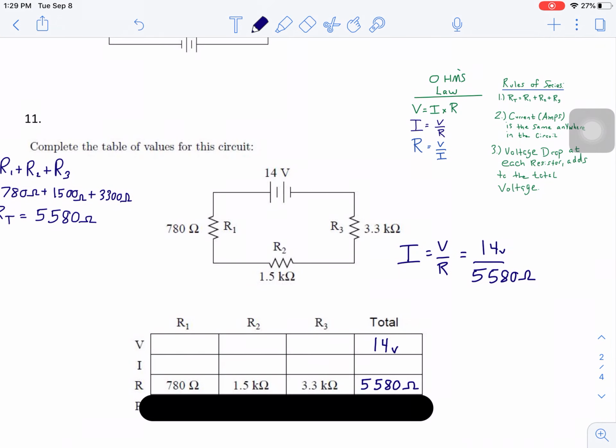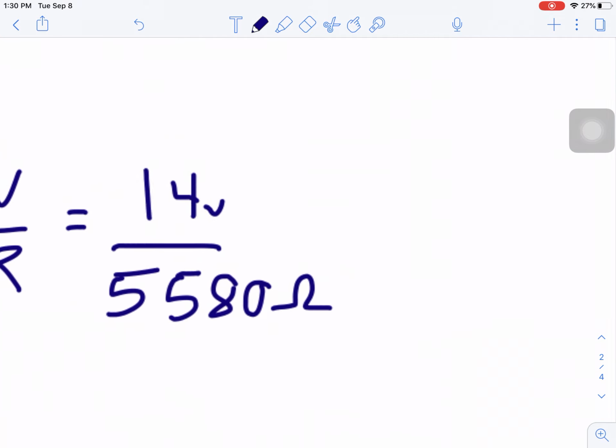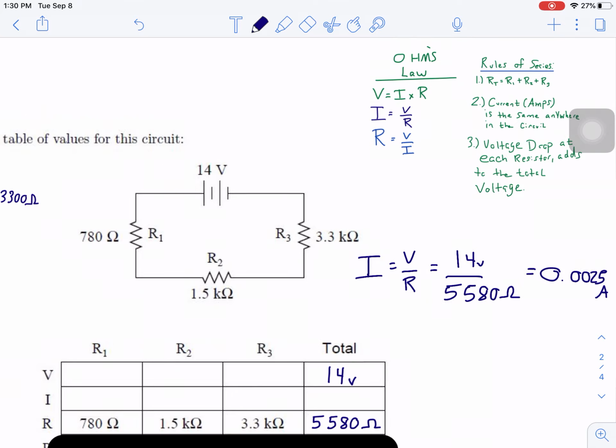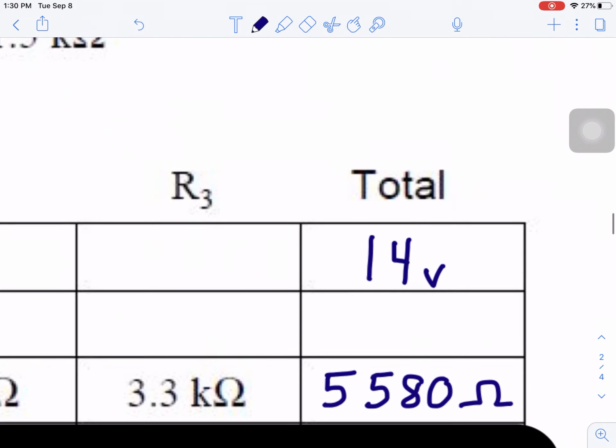Total voltage divided by total resistance will give me total current. This gives me an answer of 0.0025. So I'll write that in.